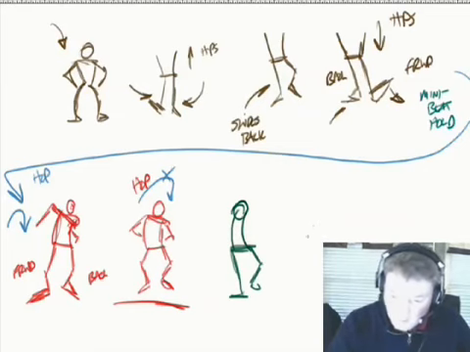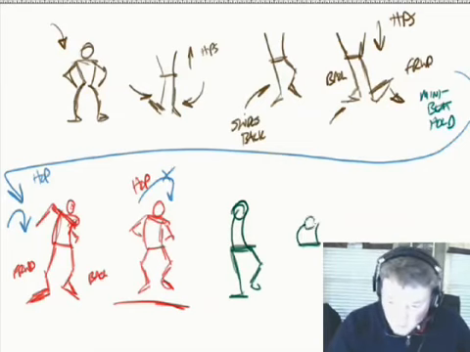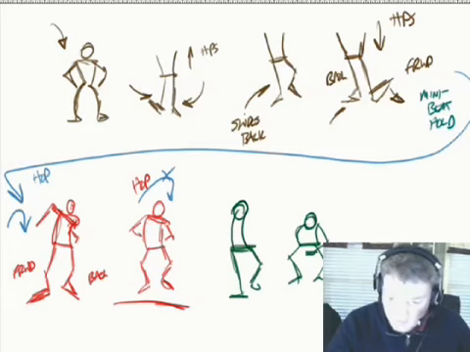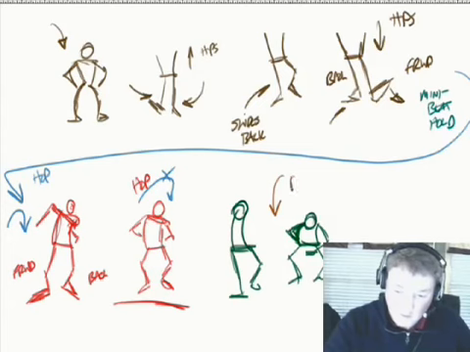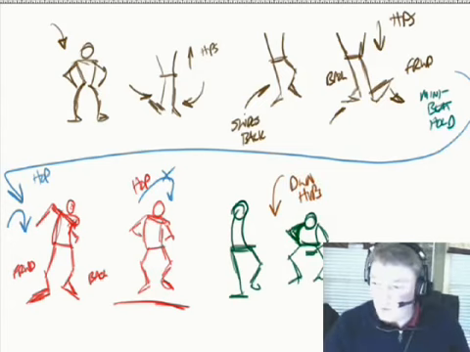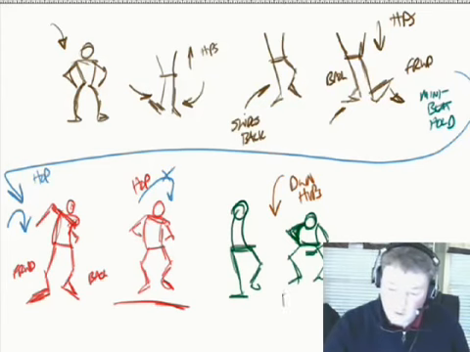And as the hips come down, what I want is something like this, where this arm is down here and this arm's behind him. Okay? So the hips will come down. He does that. We'll hold that for a beat.